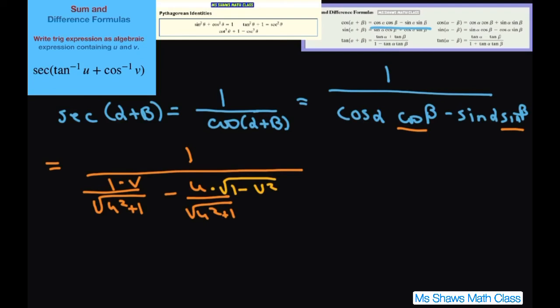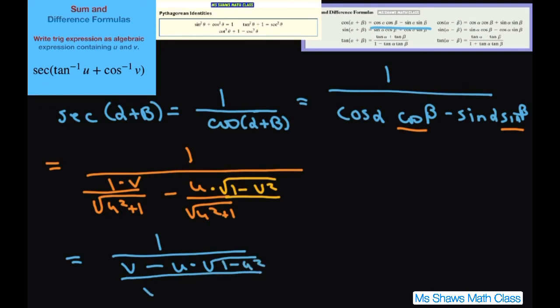All right. Now, our common denominator is u squared plus 1. So I can rewrite this as 1 divided by v, let's write this out, v minus u times square root of 1 minus v squared, all divided by square root of u squared plus 1.